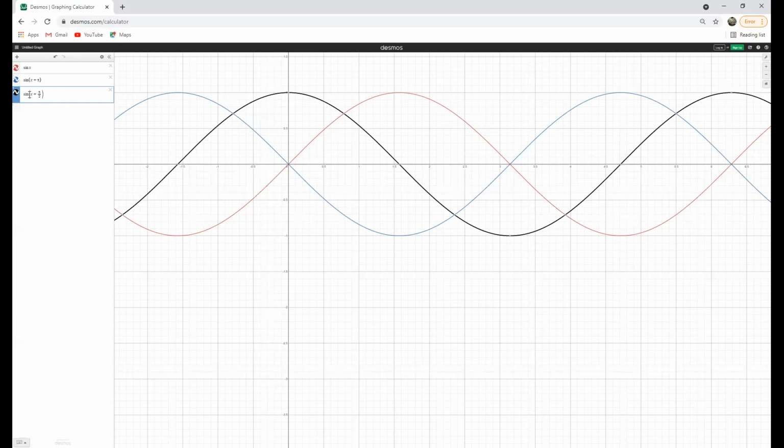If you plug in 0 for your x, then you're going to have sine of pi over 2, which is 1. At 0, you have 1. At 0, your sine of x plus pi over 2 takes its maximum value. Take a look at your original sine. The original sine passes through the origin, but now that I changed the function, I added a constant to x, I see changes in the graph of the function. I see some shifts to the left-hand side.